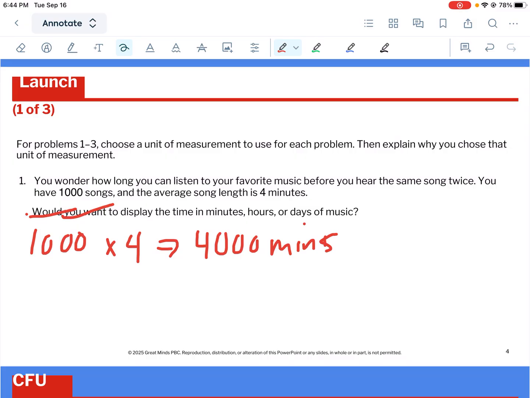Just off the top of my head, I know that we'll convert to days, because 4,000 minutes is a lot of minutes, and I know that that's more than the allotted amount of minutes in one day. So we're just going to set up this conversion. Rewrite 4,000 minutes, put it over 1.